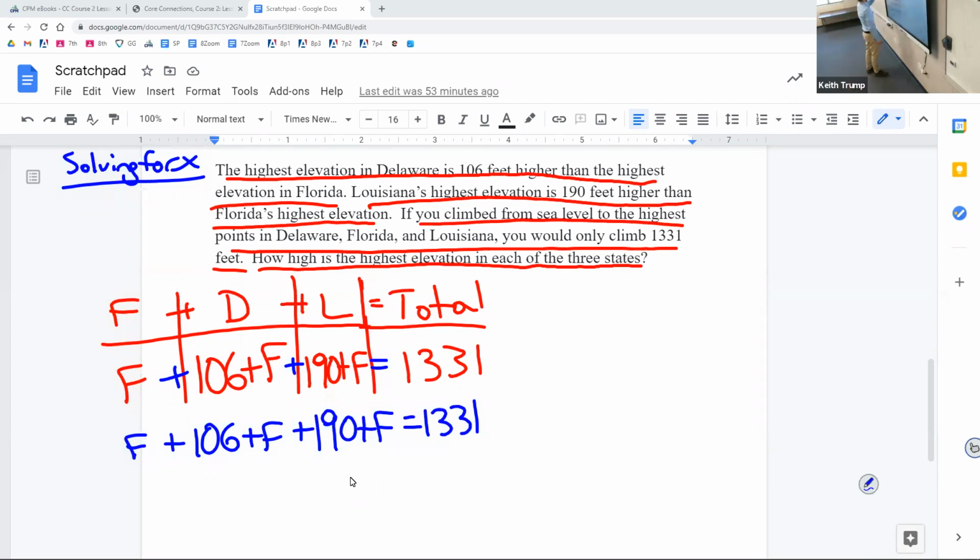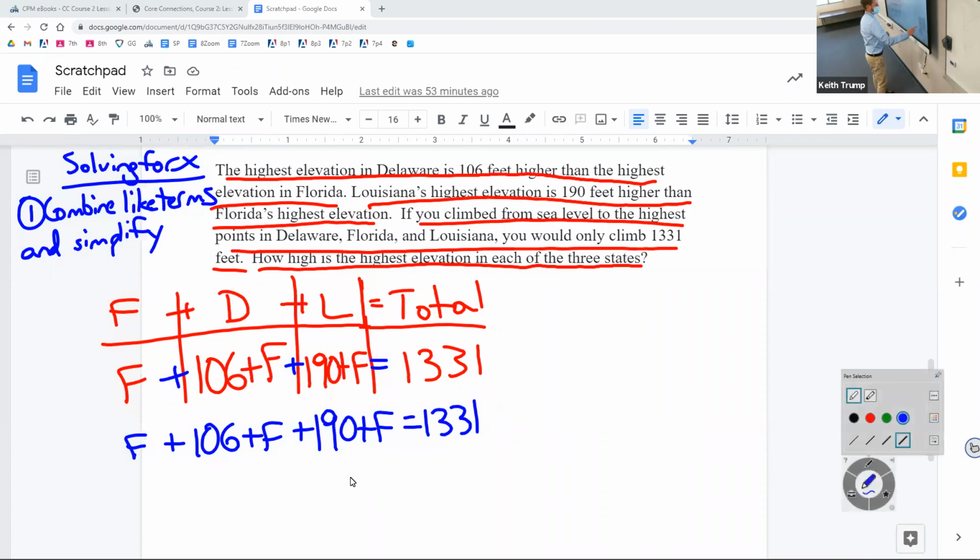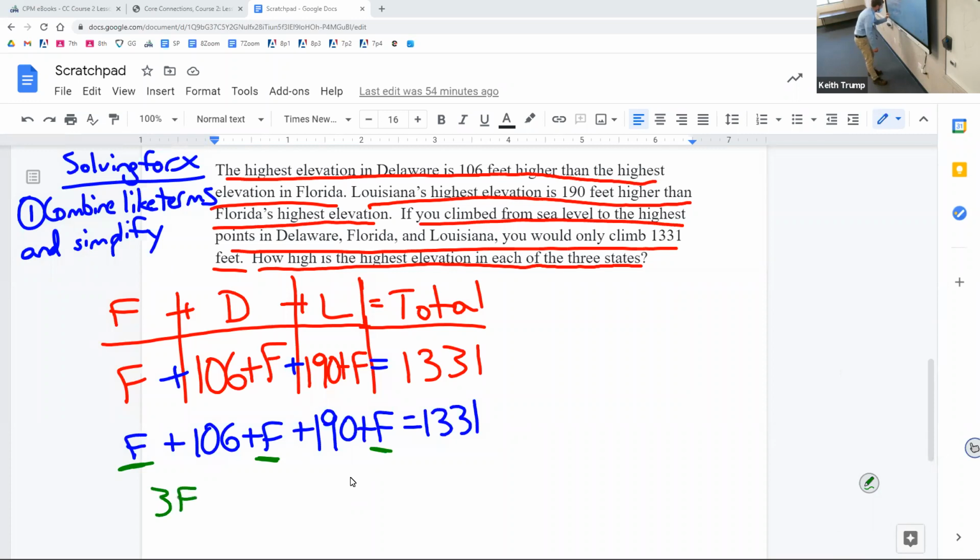So step one is we are going to combine like terms and simplify. All right, so the first thing I'm going to do is combine like terms and simplify. Now, in terms of like terms, the F's are like terms. How many of those do I have? Well, I have 1F plus 1F plus 1F. That's going to be 3F.